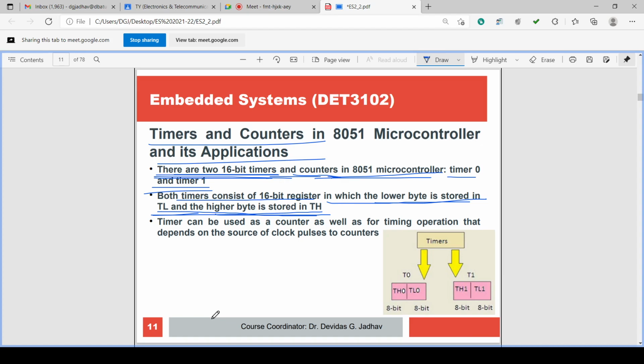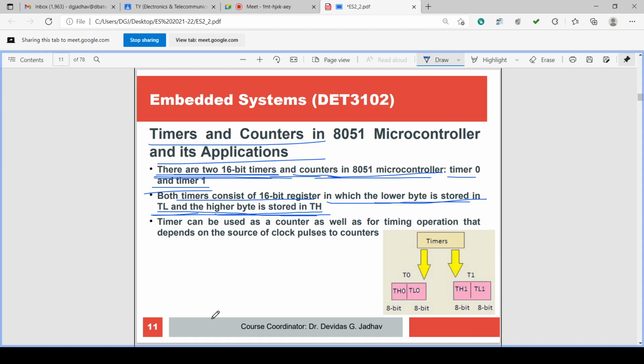T0 and T1 are both 16-bit registers, and in a timer register we can have a number. According to the timer pulse cycles, that number decreases and becomes 0, then the timer completes, or it overflows at FF and the timer completes.